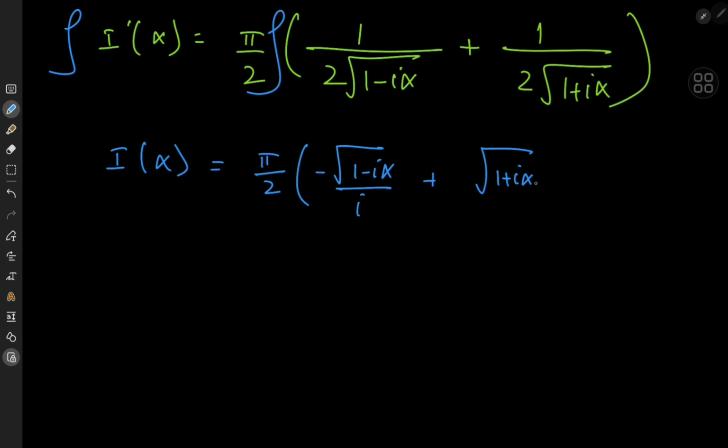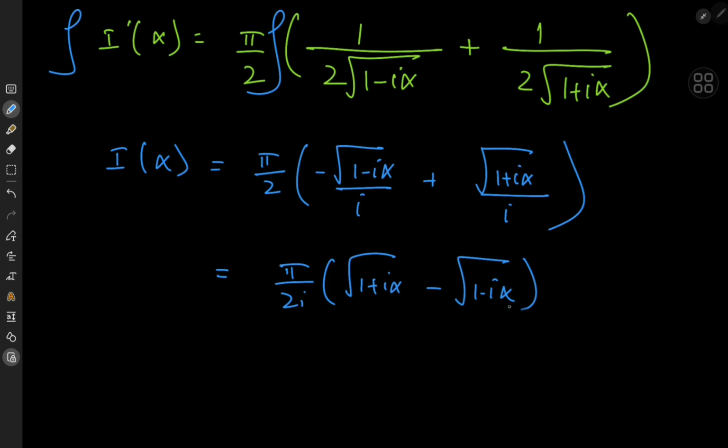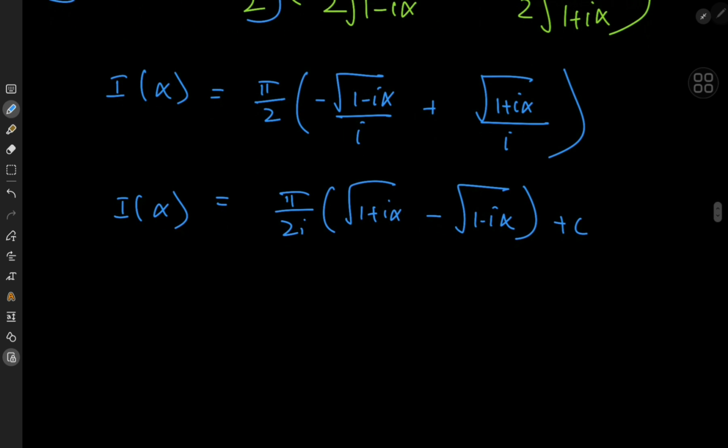Okay, so I have 1 plus i times alpha divided by i. Okay, so I can factor out this i term. I have pi by 2i times root 1 plus i times alpha minus root 1 minus i times alpha plus a constant of integration c. And to determine the constant, recall that I of 0 is 0.